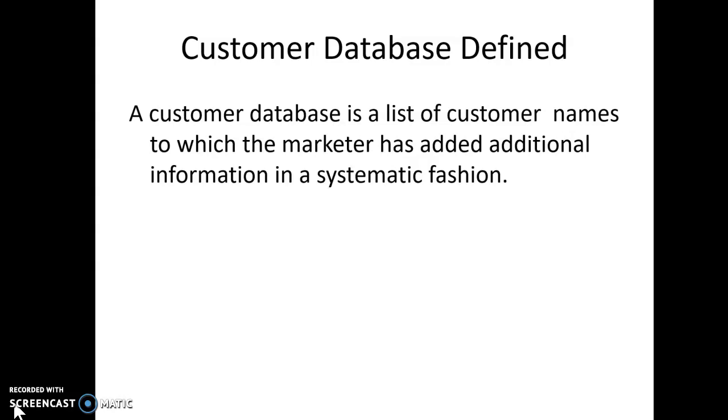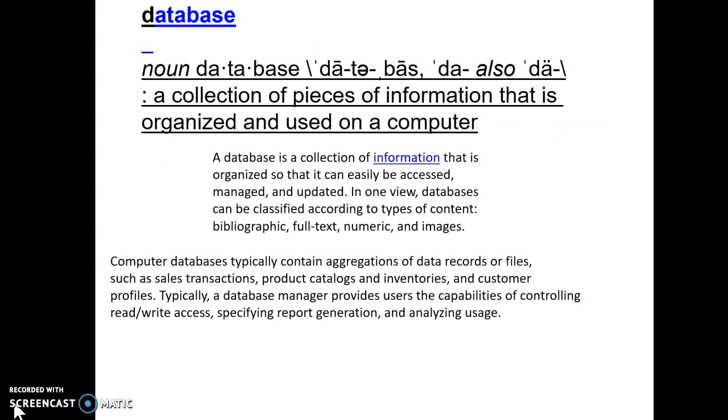Your purchase history with the company can be added, although that's usually kept in a separate database called a relational database, which we'll be discussing. And the company may also have done a survey in which you've given them some more information, like your age or your income or what kinds of products you like or who knows what. But anyway, lots of information.